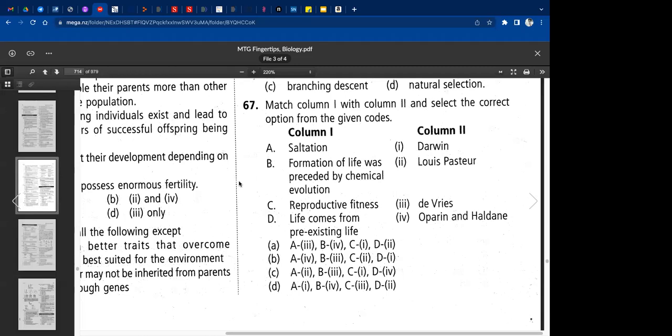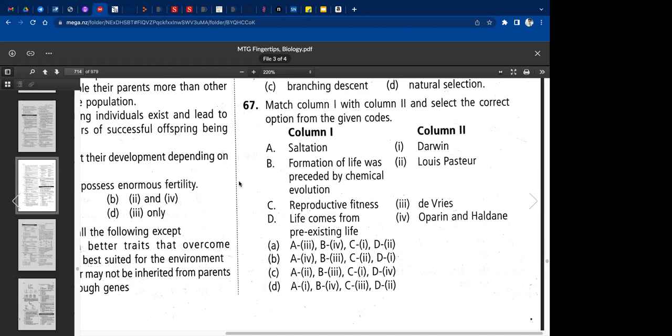Yes, sir. Match column 1 with column 2 and select the correct option from the given codes. Column 1: A, saltation; B, formation of life was preceded by chemical evolution; C, reproductive fitness; D, life comes from pre-existing life.